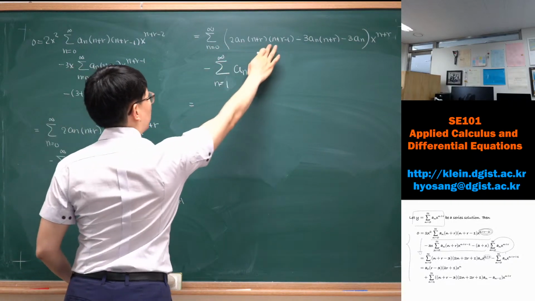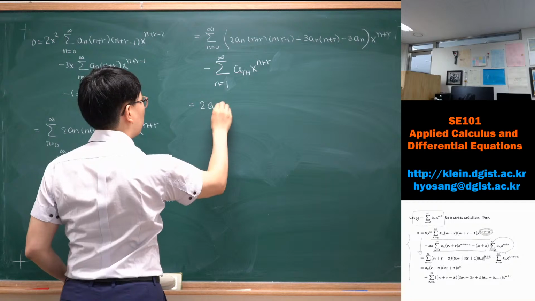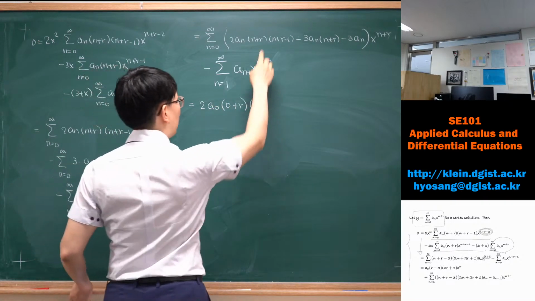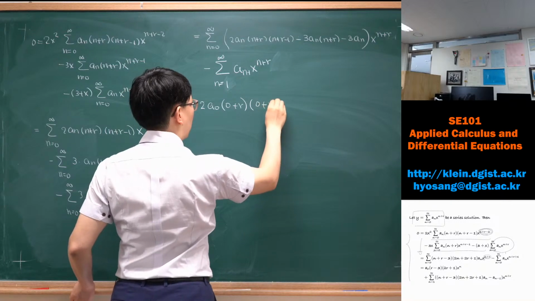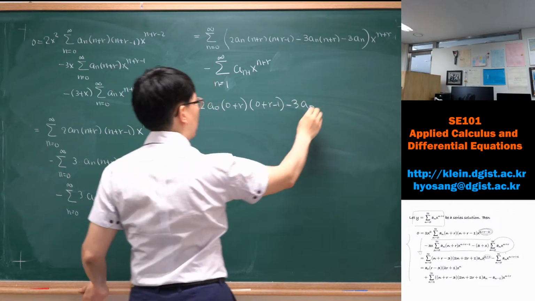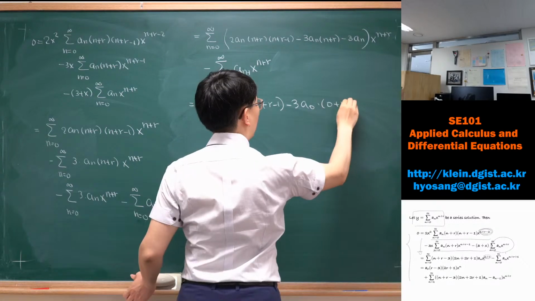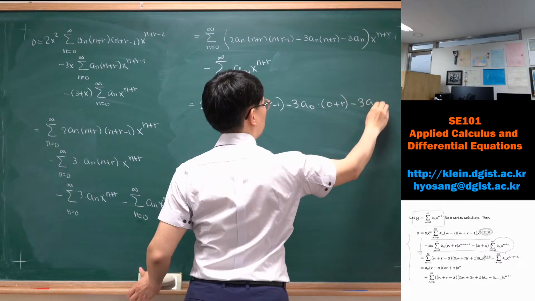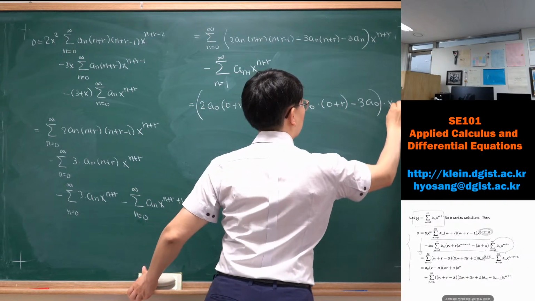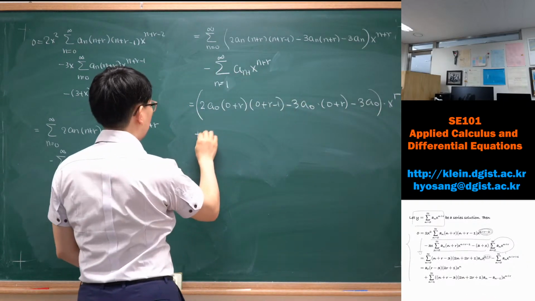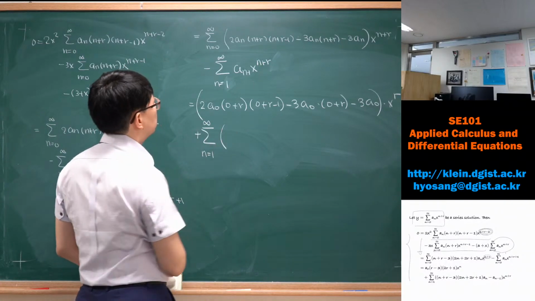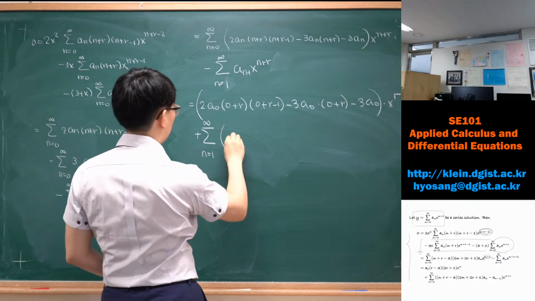So when n equals 0, we have 2a0 times 0 plus r, that's important, times 0 plus r minus 1, minus 3a0 times 0 plus r minus 3a0 as the coefficient for x to the r, and then the big sum from n equals 1 to infinity of this thing.